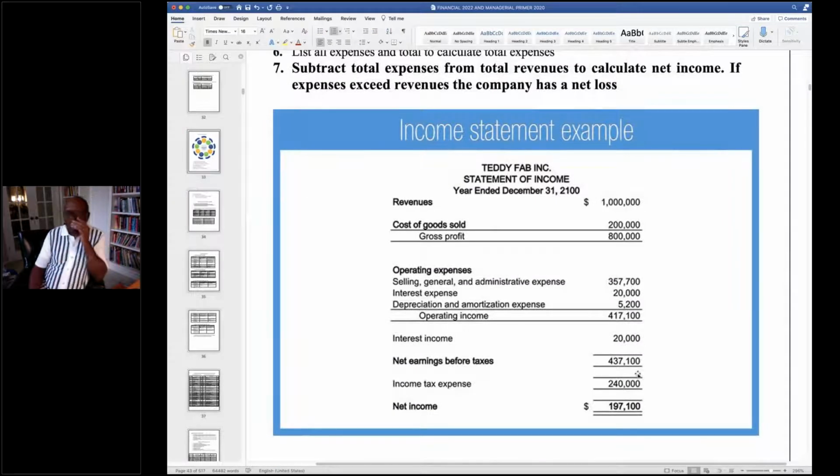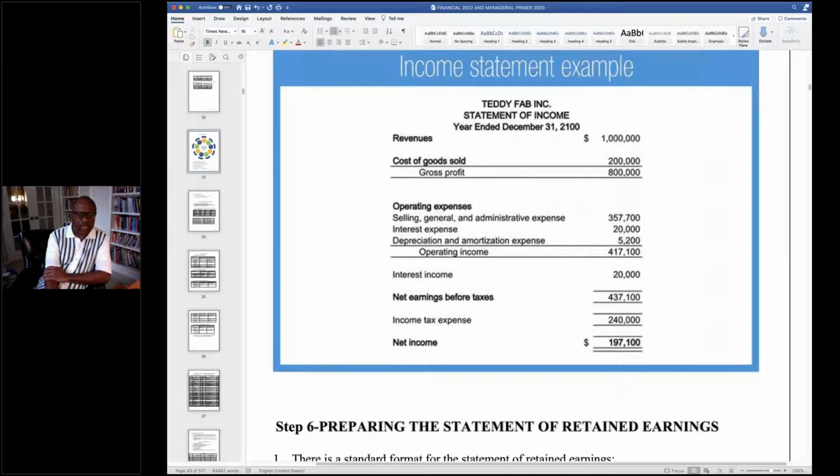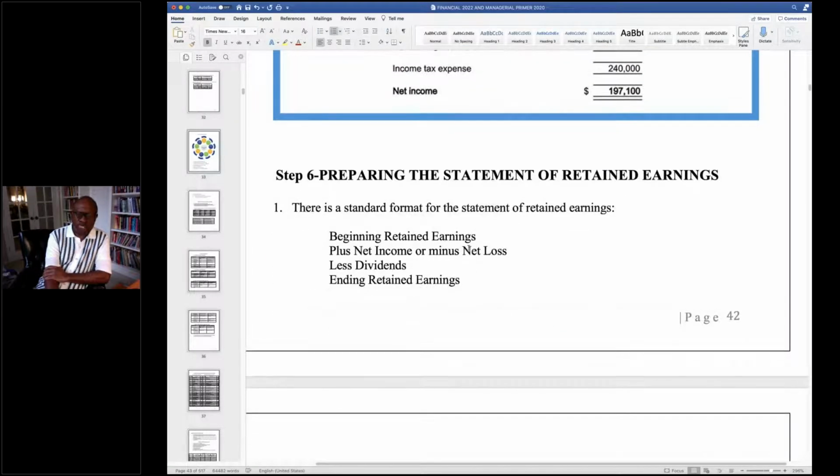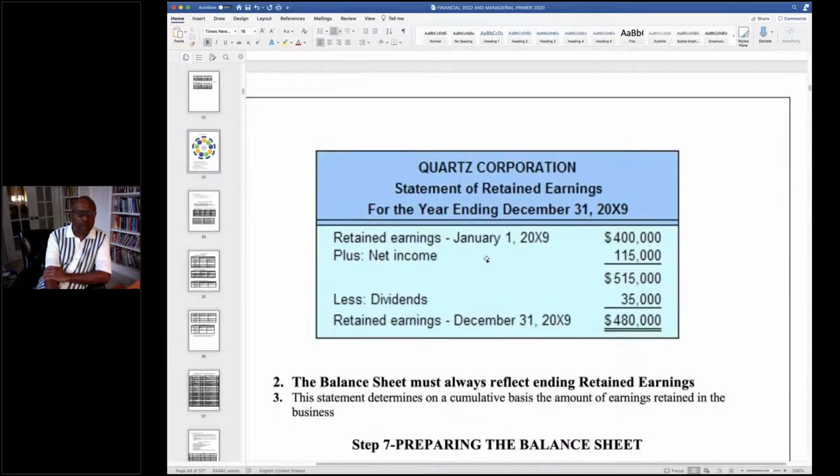This is what an income statement looks like. Now you're just pulling things in, but eventually you'll be expected to adjust the Excel templates that you have as we get into income tax expense and things like that. You'd be expected to adjust the sheet to reflect the income taxes. So those are templates to be adjusted. Statement of retained earnings, very simple.